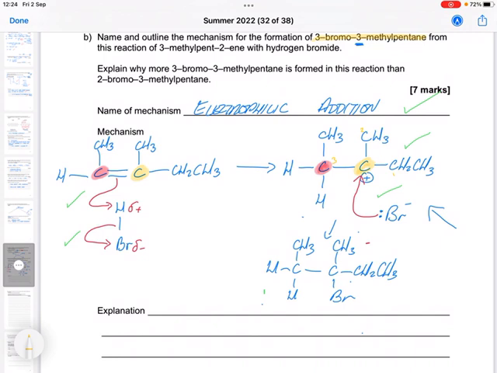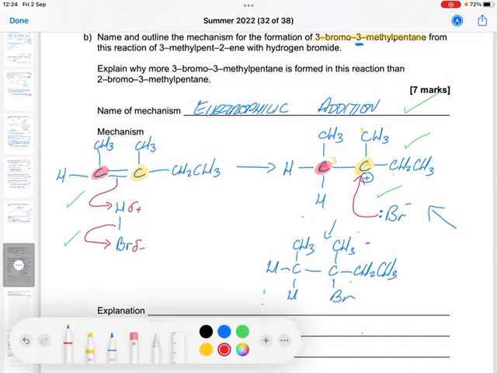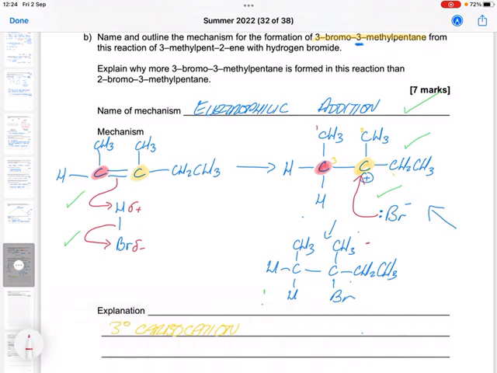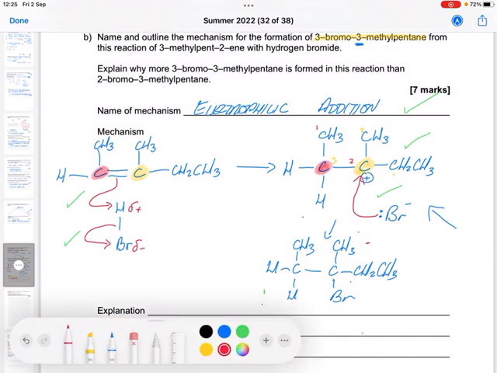So tertiary carbocation. However, if it was on the red one instead, so again, if I count the number of carbons that are attached around the red carbon, there would be 1, 2. So that would be a secondary carbocation. So it's not good enough to just say one carbocation is more stable than the other.